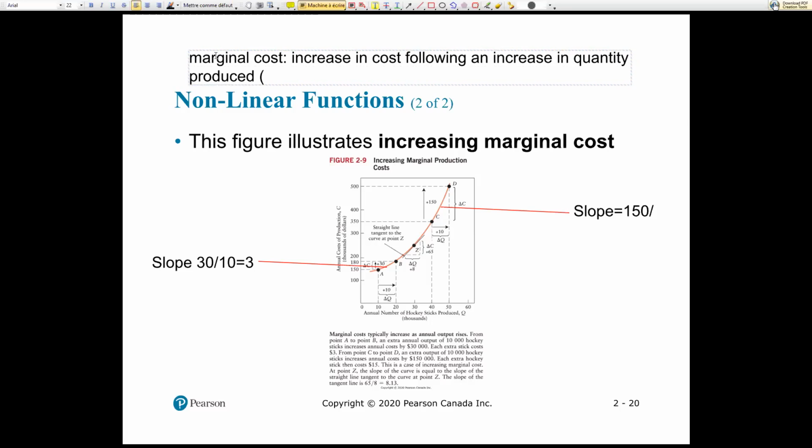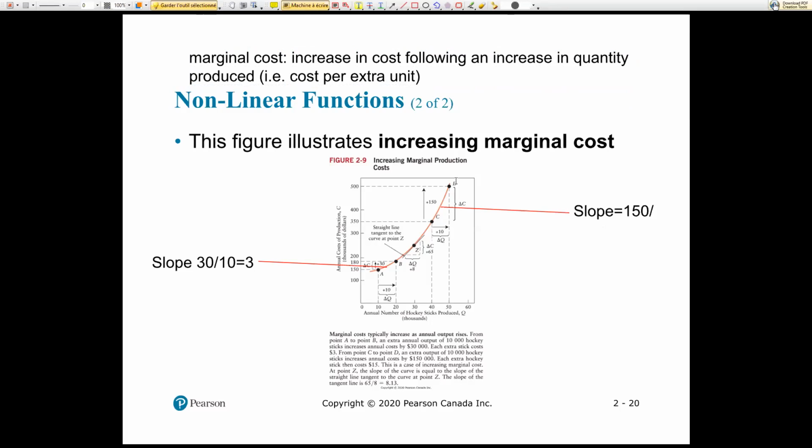So you could say it is the cost per extra unit, so the cost per hockey stick, for instance.